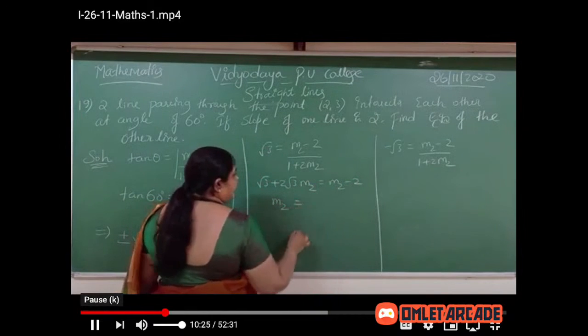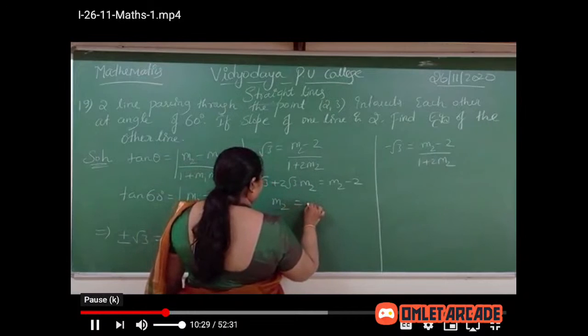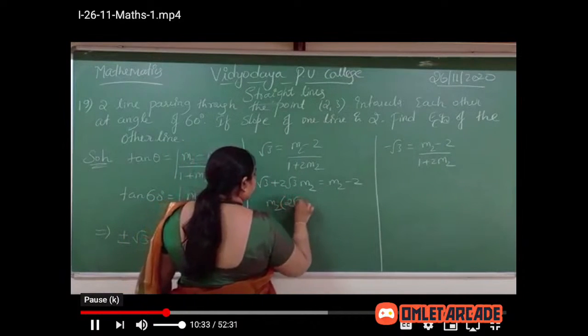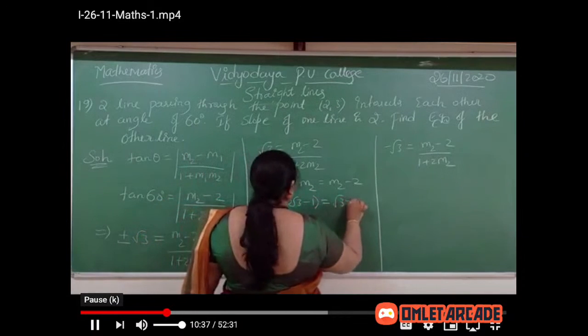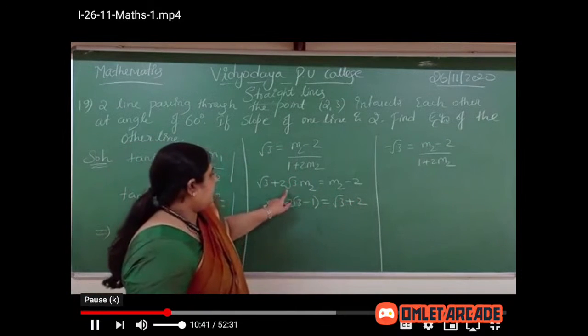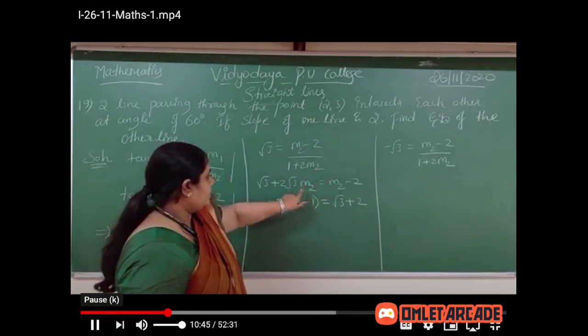So m2 will be, can I write, m2 times (2 root 3 minus 1) is equal to root 3 plus 2? Is it right? See, 2 root 3 m2, let me shift this to the LHS.